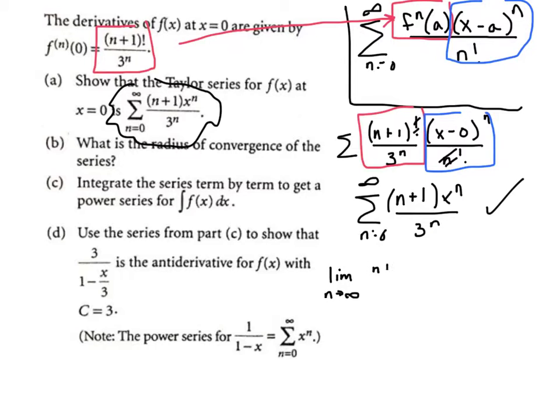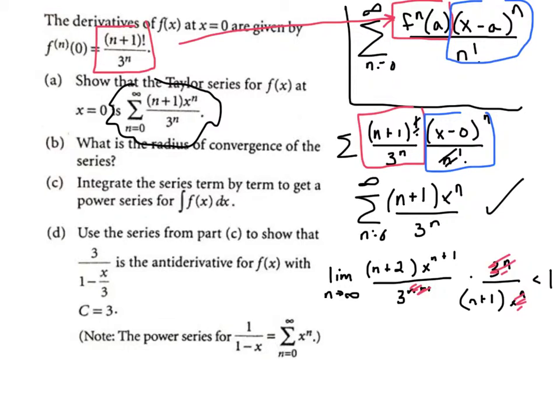So we're going to have the n plus first term multiplied by the reciprocal. Remember, it needs to be less than 1. So we do our algebra. Okay, we're going to have a 3 left on the bottom.